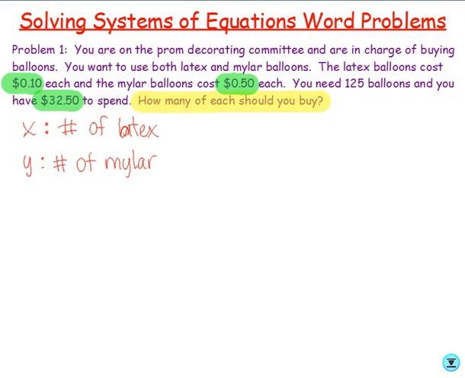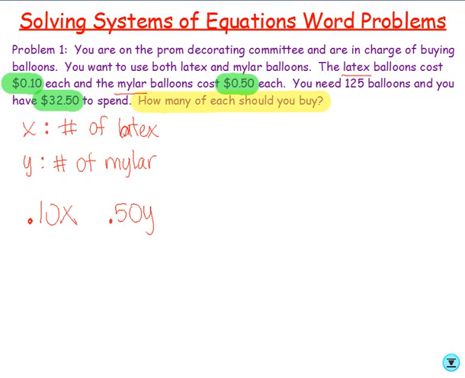So let's talk about how we write an equation from it. The 10 cents was the cost of the latex balloons, and latex balloons is the letter x. So my equation is going to start off with 0.10x. The next number I see is 50 cents, and 50 cents was Mylar balloons, and y is Mylar, so 0.50y.